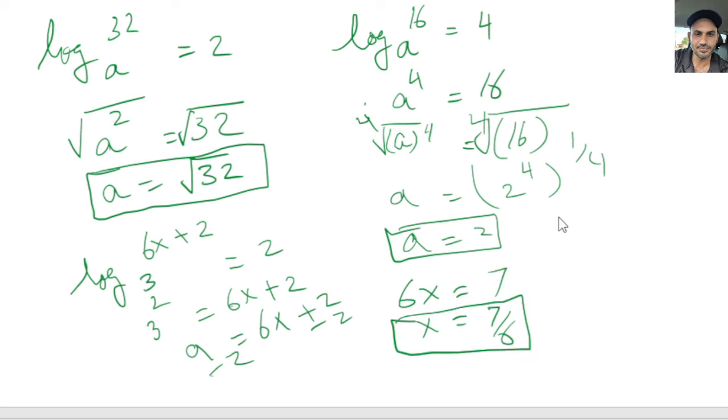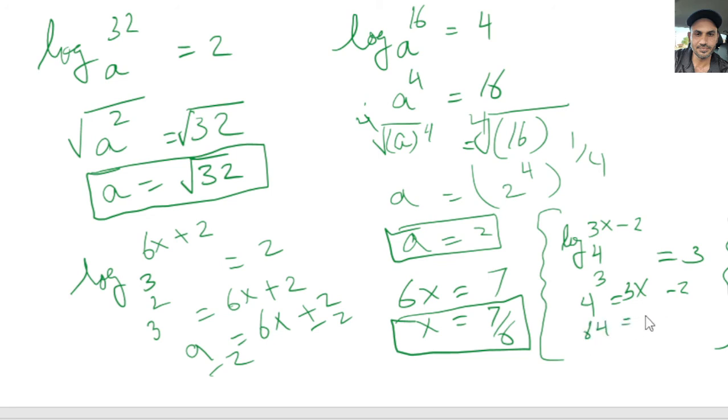Okay. And there's one more last example. I'm going to work it out in here. Log of 3x minus 2 with base 4 equals 3. I'm going to convert this into exponential form. We have 4 to the 3 equals 3x minus 2. 4 to the 3 is 64 equals 3x minus 2, and you add 2 on both sides.